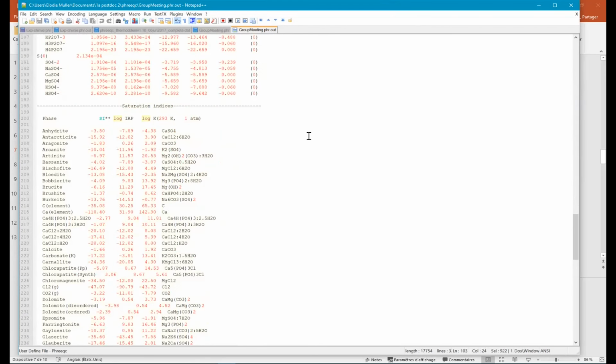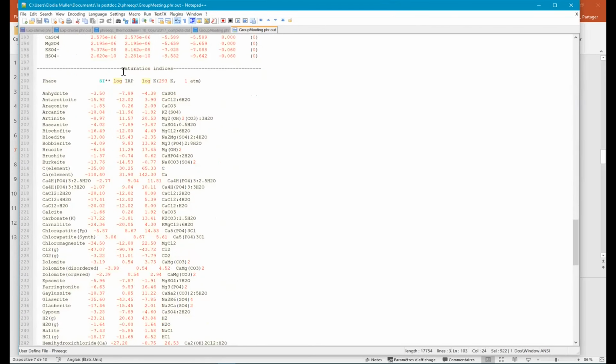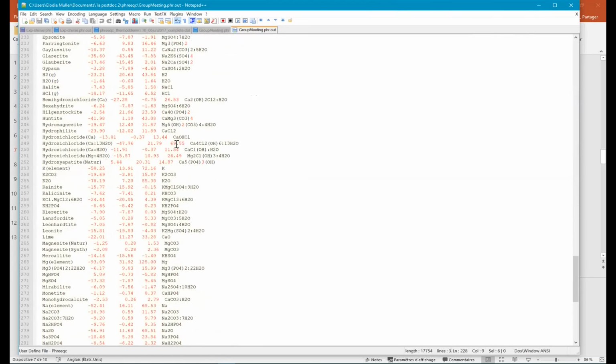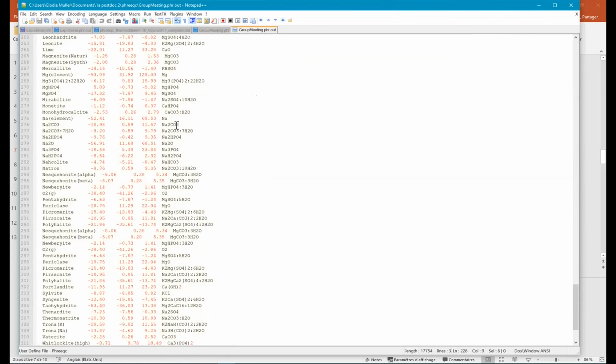And then all the saturation indices of all the minerals and gases available in the database. It's possible that something is missing. You can add it to the database if you want, but usually it's pretty complete.